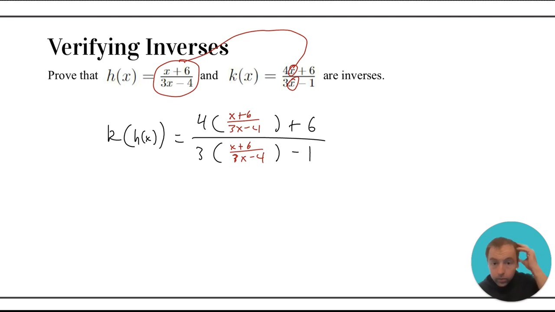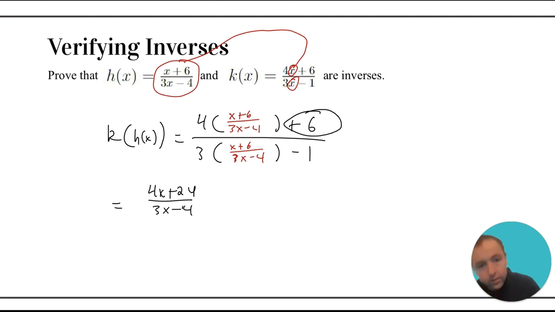So what we might try to consider right here is just trying to get all of this stuff written as one single fraction. So when you have the 4 multiplied to this fraction, you're going to get a numerator of 4x plus 24 over the 3x minus 4.